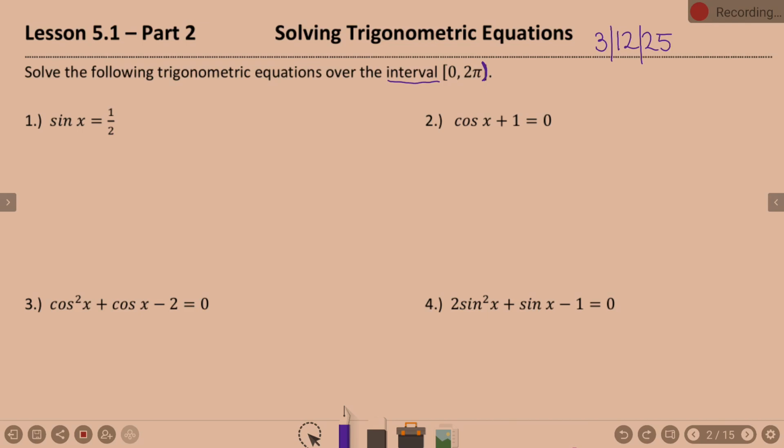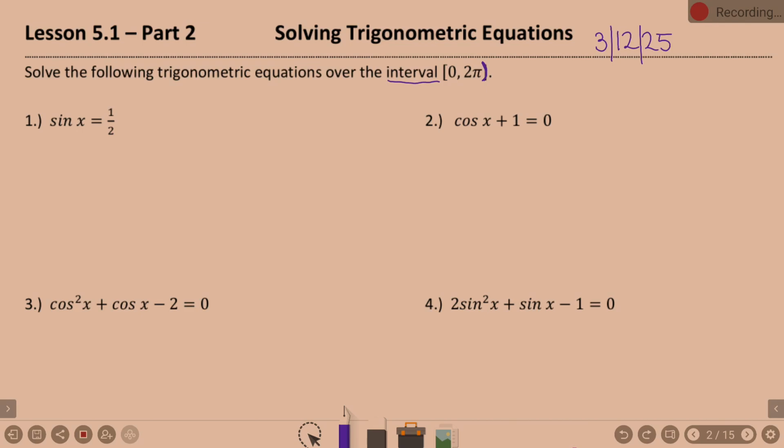And so, on this first one, our goal is: at what angle does sine equal 1/2? Not pi over 2.